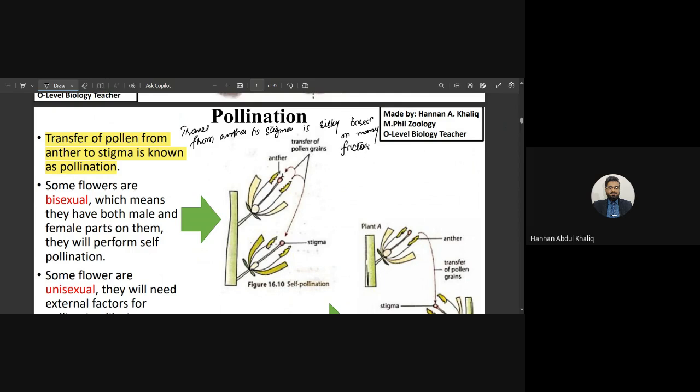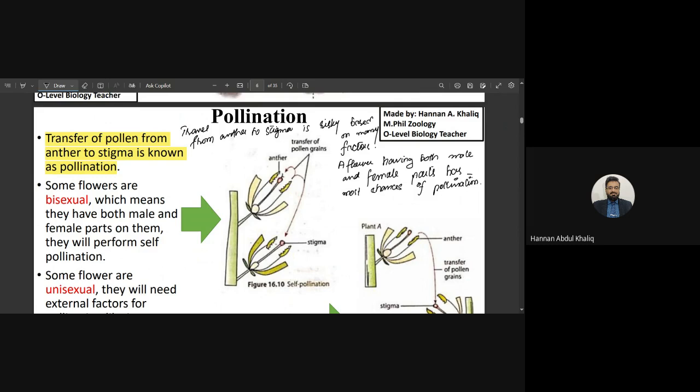But remember that a flower having both male and female parts has the most chances of pollination. It contains maximum chances of pollination.